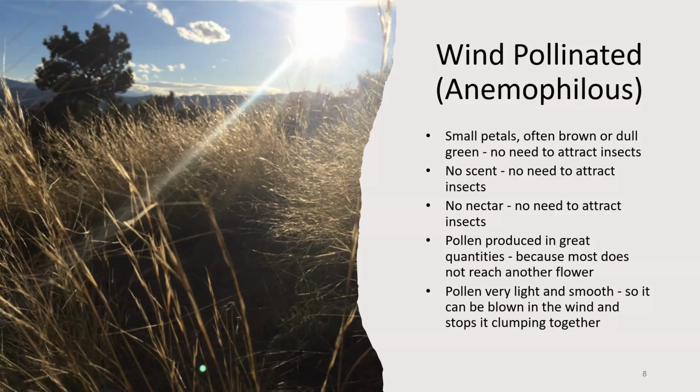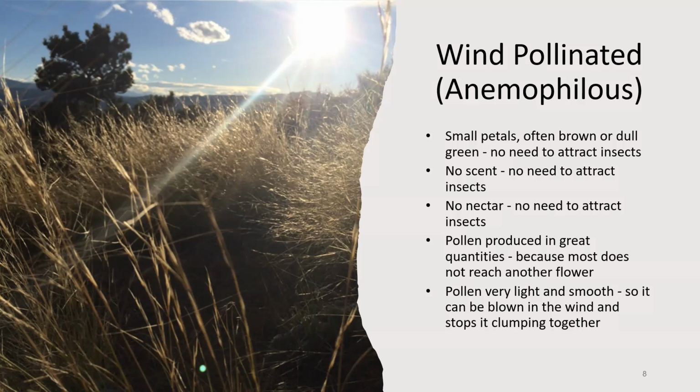The pollen is very light and smooth, so it can be blown by the wind. If you look at the pollen from a lot of the flowering plants, it looks spiky, like one of the World War II sea mines, really spiky, and that is so that it will stick to things.